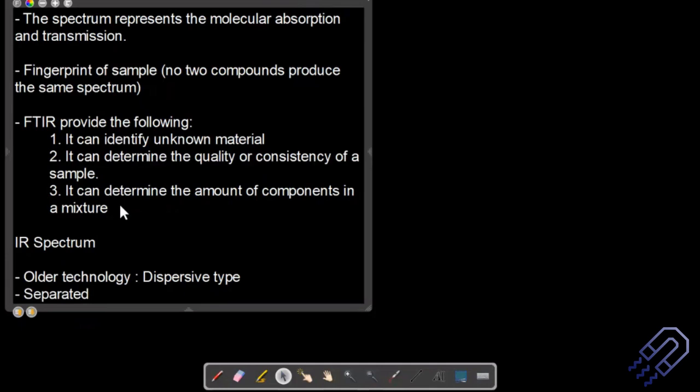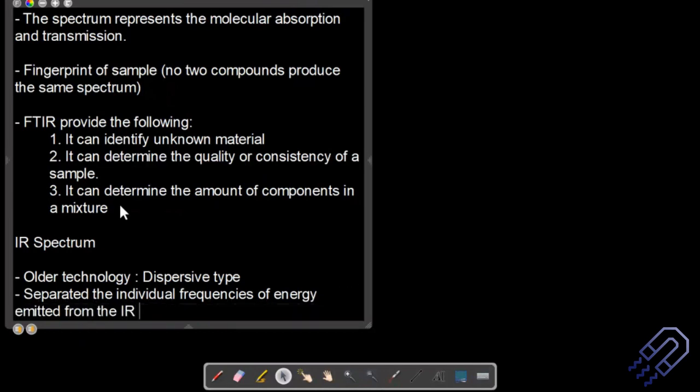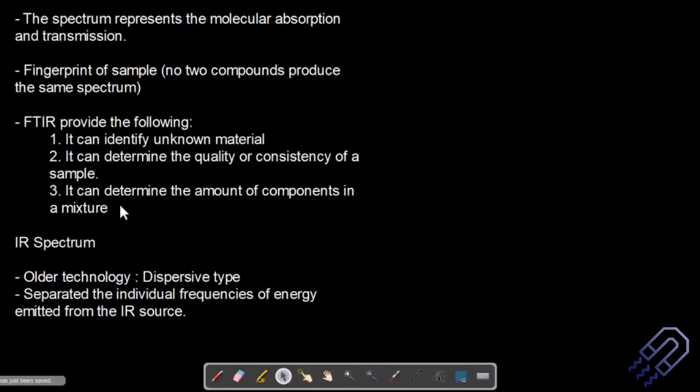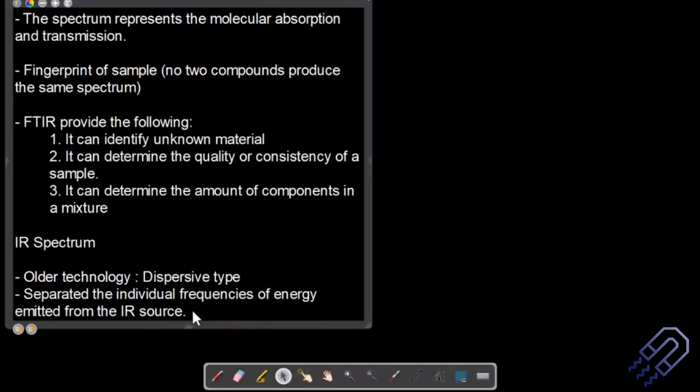You understand this because this is important for the theory part. So what happens in this dispersive type? We separate the individual frequencies of energy emitted from the IR source. Frequency means energy, so if it's separating the frequency, you are also separating the energy.